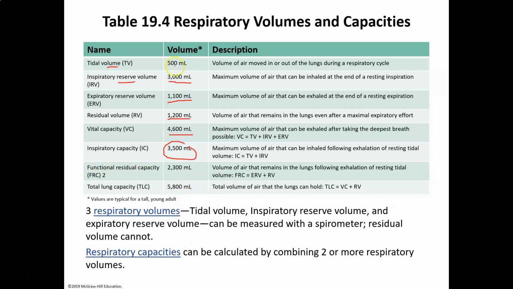Total lung capacity, you add all these up, you get about 5 to 6 liters of air. So, look through that chart, understand how to get all of these different capacities. What do they mean? Here's the definition of them over here.